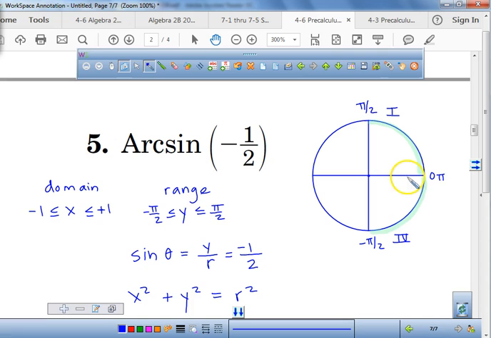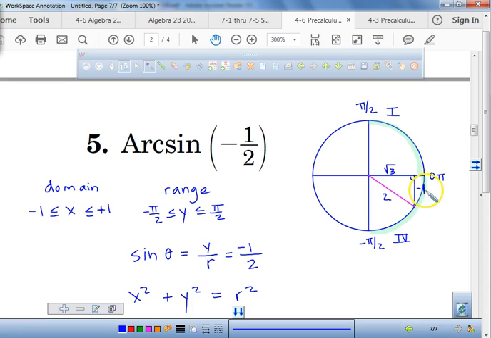So I'm going to go over a certain amount, go down a certain amount, and create a right triangle where here this is radical 3, this is -1, and this is 2.